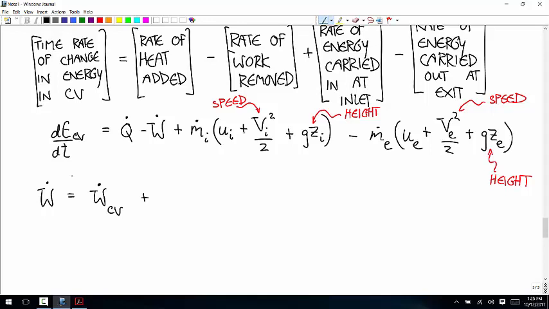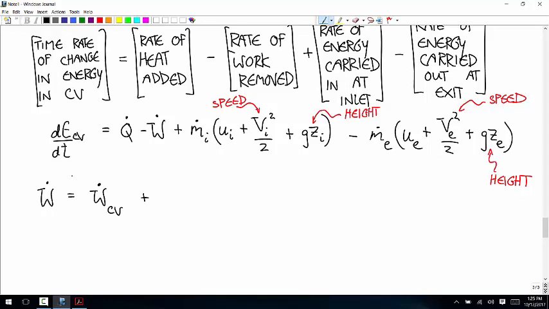So at the control volume, at the inlet, the outside stuff that's not part of the control volume is going to be doing positive work on the control volume, right? The force it applies is going to be in the direction of motion of those particles. Okay, with me on that?